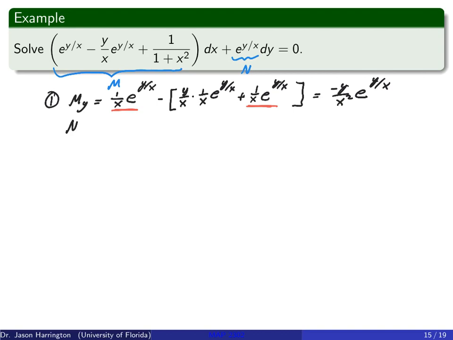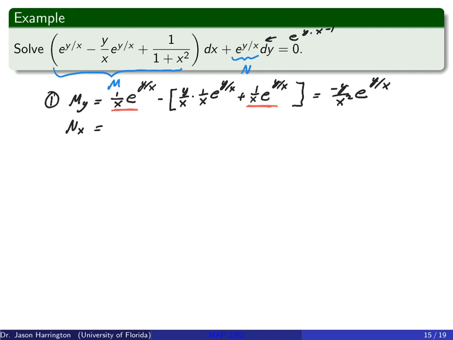And now I check the N sub x. So now I'm going to take the derivative of just this term with respect to x. And remember, it's easier to think of this little guy as just saying e to the y times x to the negative 1. So that should make it a little bit easier to think about. So I'm going to take the partial of this term here.